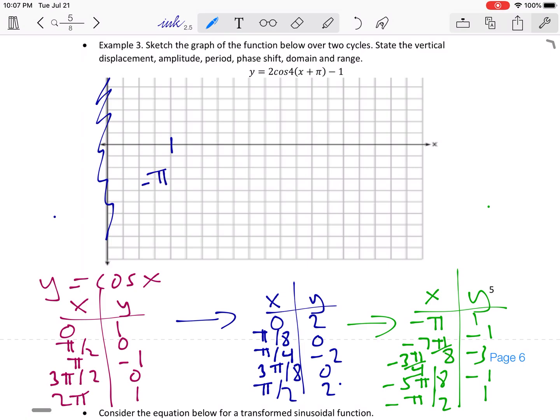Okay, so there's negative pi, there's negative 7 over 8 pi. This is negative 3 pi over 4. And then we've got negative 5 pi over 8. And then this is negative pi over 2.